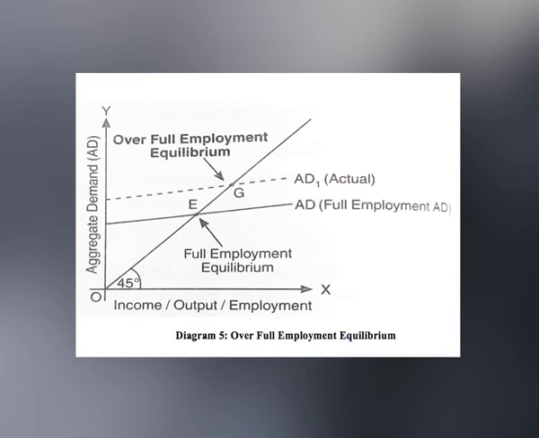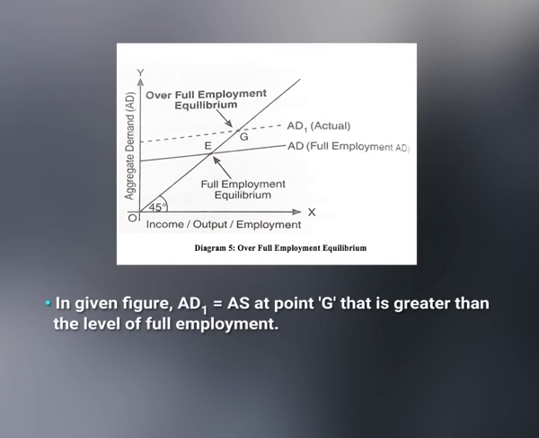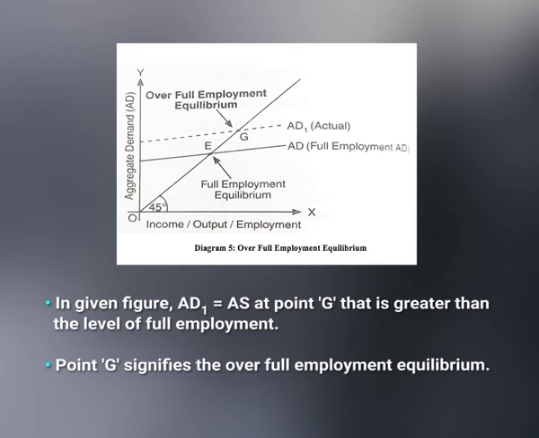But the over full employment equilibrium occurs at point G, because the actual AD curve, that is AD1, intersects the same AS curve at G due to excess of demand. However, practically the supply cannot exceed point E. The following propositions can be extracted from the above diagram. In the given figure, AD1 is equal to AS at point G, that is greater than the level of full employment. Point G signifies the over full employment equilibrium. Diagram 5, over full employment equilibrium.